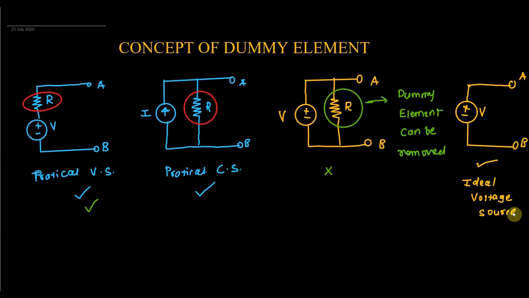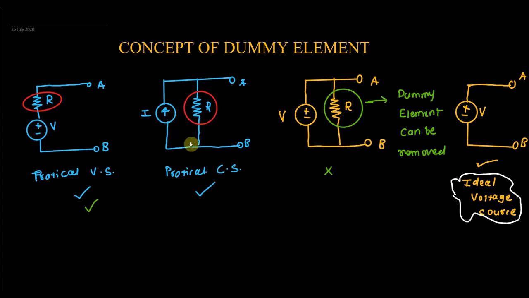So by just removing the resistance in parallel with the voltage source, the circuit is converted into an ideal voltage source. So this is the basic concept of voltage source.